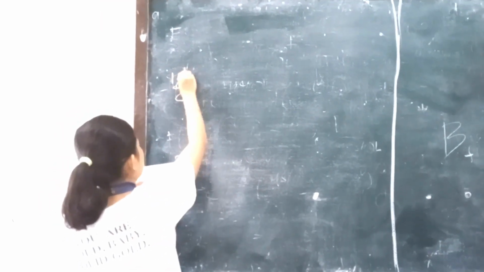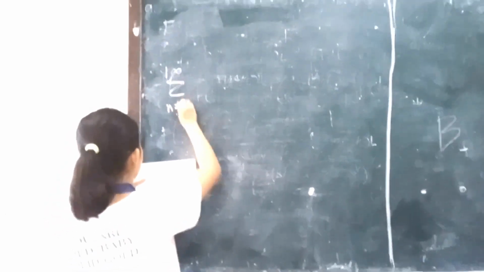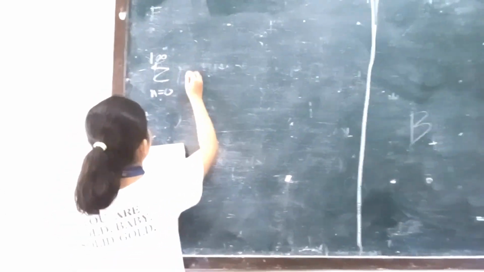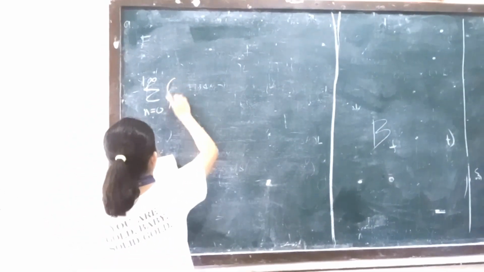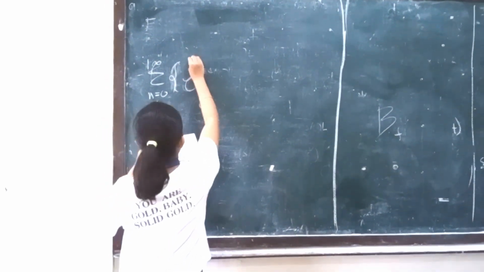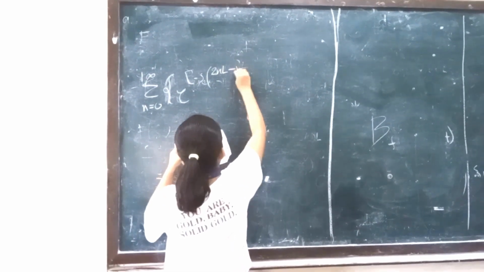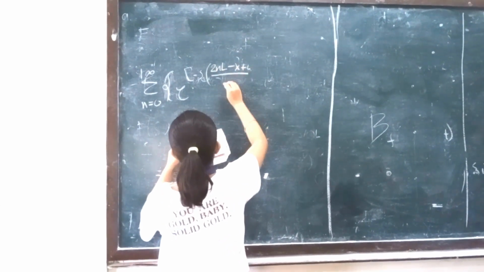Sum of n equals 0 to infinity, e to the negative s times 2n minus x plus l over c.